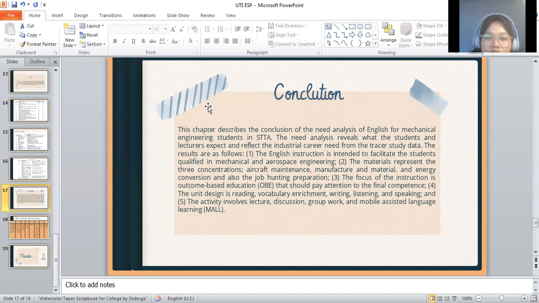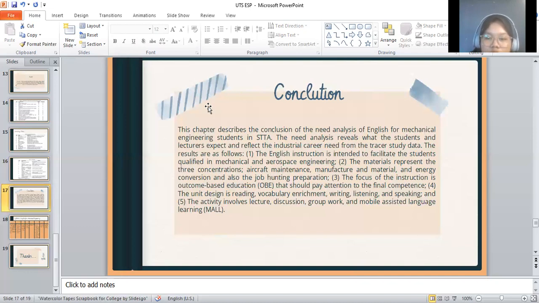First, the English instruction is intended to facilitate students qualified in mechanical and aerospace engineering. Second, the material represents the three concentrations: first, aircraft maintenance, manufacture and material, and energy conversion, and also the job hunting preparation.